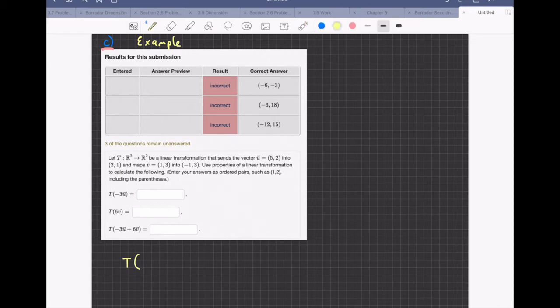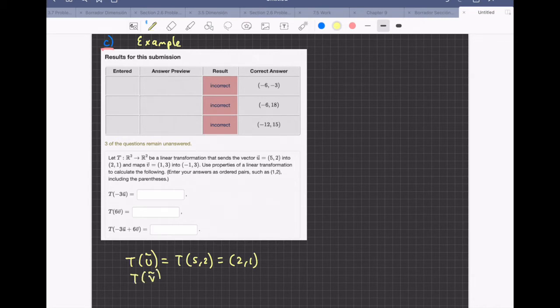So if I apply the transformation to u, T of u is equal to the vector (2, 1). That is the meaning of this.